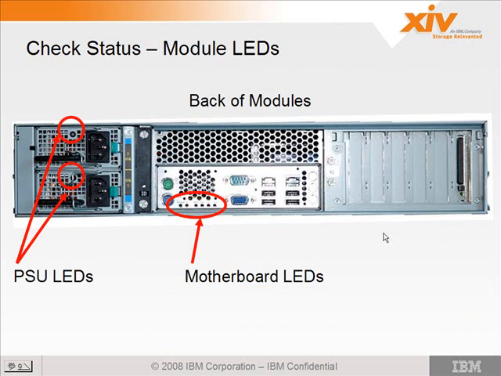On the back of the modules, you have LEDs on the power supply units. A solid green LED indicates that the machine is on and it's receiving AC power. A flashing LED indicates that the system is powered off, but it's still receiving AC power.